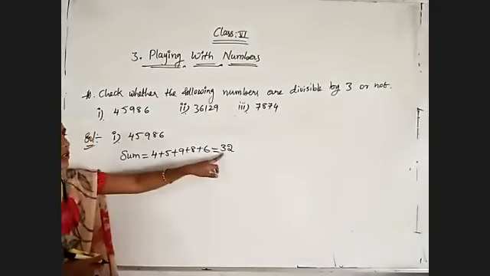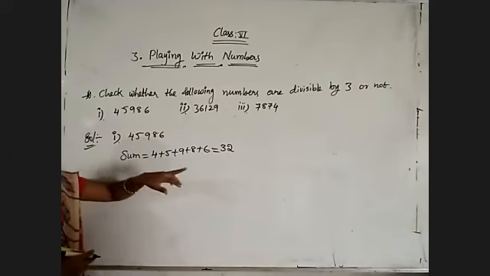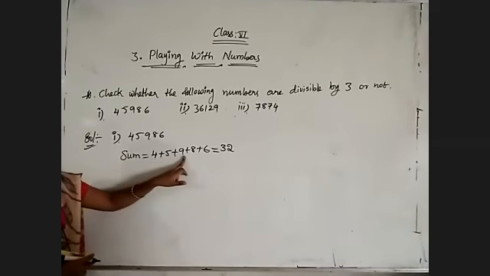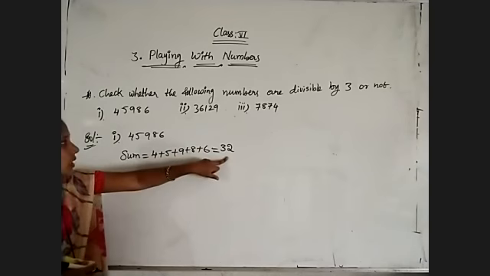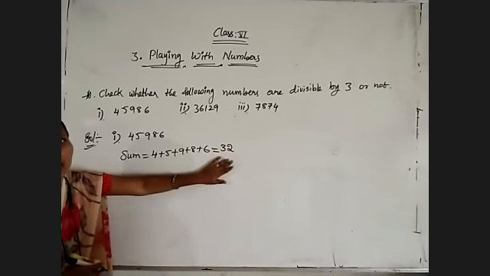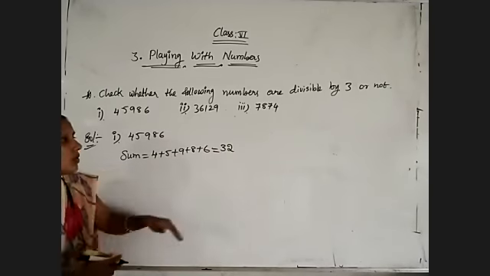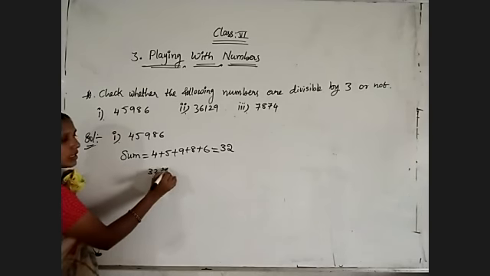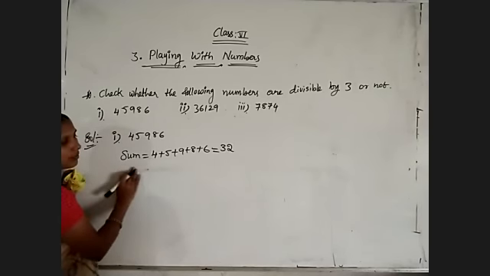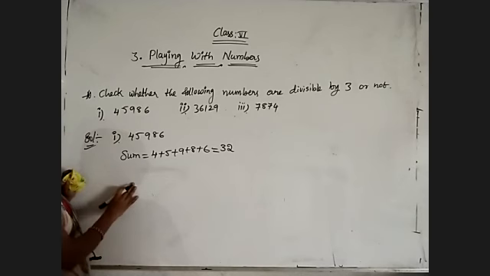So 32. Are we getting 32 in the 3 table? No. 11 3s are 33 we will get. So 32 is not divisible by 3. Check: 3 10s are 30, 11 3s are 33. 32 we will not get.